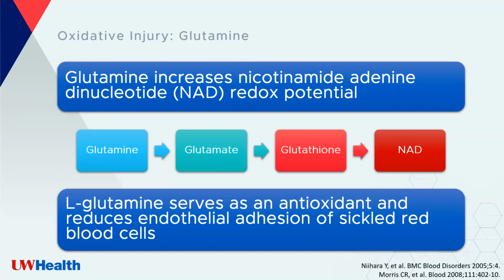What that does is it increases the NAD redox potential, and so what happens is that NAD will end up being reduced, and our sickled red blood cells will be oxygenated, which will combat the deoxygenation you'll see of the hemoglobin S red blood cells, which would also prevent the sickling, the polymerization, and things like that from happening.